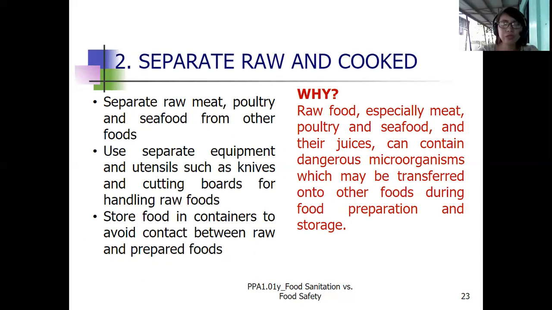Store food in containers to avoid contact between raw and prepared foods. So ang pinaka-safe, nga dili mag-contaminate both ang raw and cooked, is ibutang jud nato sila og container. Well-sealed container, especially atong mga raw food.